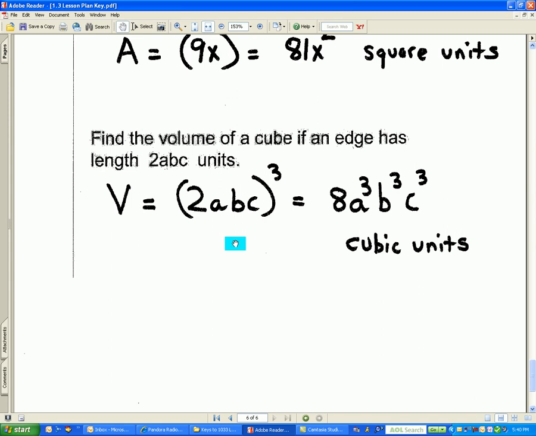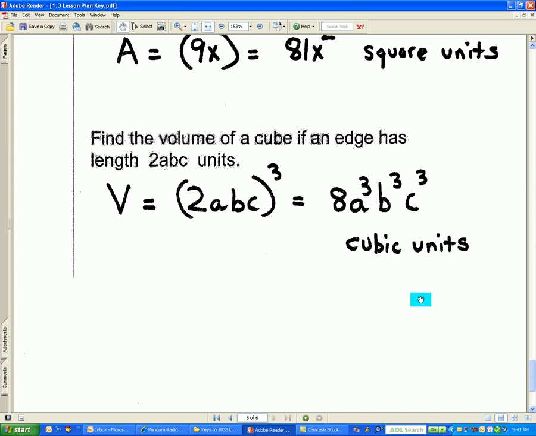To find the volume, you take the length of one of the edges, 2ABC, put it in parens, and raise it to the third power. 2 to the third is 8, and then of course we get A cubed, B cubed, C cubed. Since you're finding volume, your answer is in cubic units, not square units. It's very important to put that.